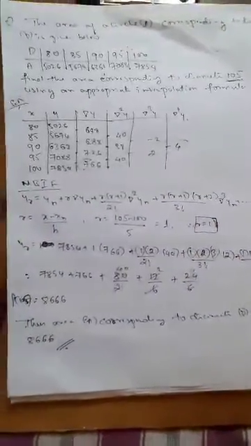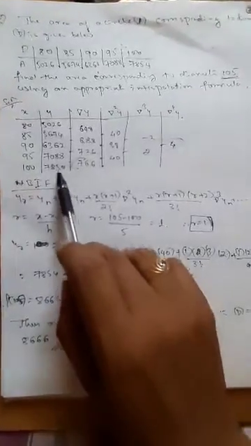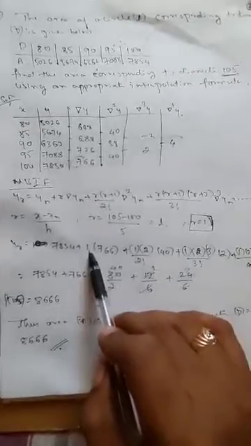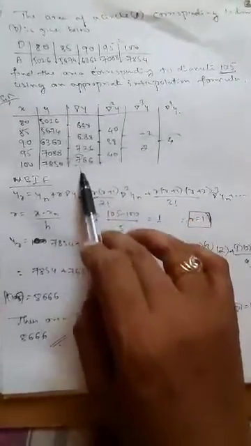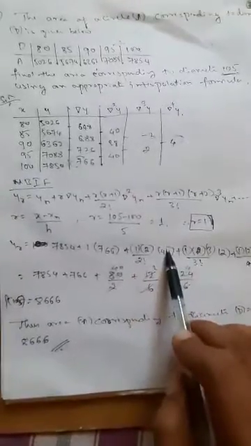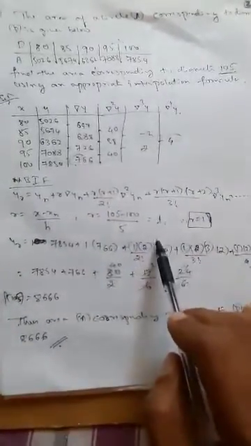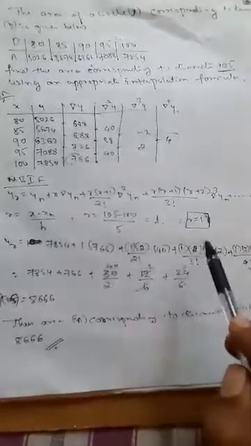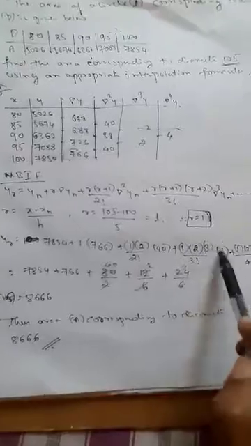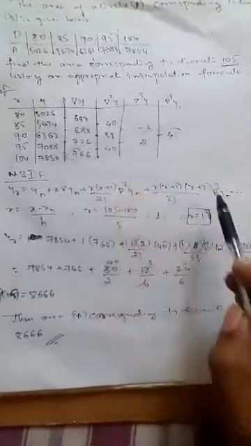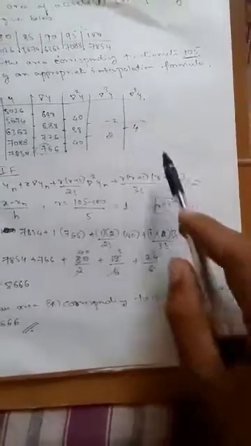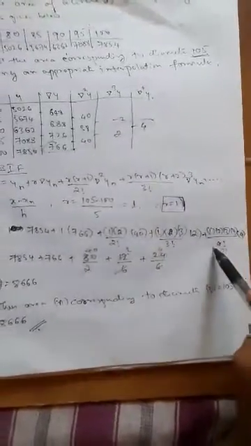So y_n, the last entry, is 7854, plus r is 1, delta y_n is 766, plus 1 into (1 plus 1), which is 2, by 2 factorial, into delta square y_n, which is 40, plus 1 into 2 into 3 by 3 factorial into delta cube y_n, which is 2, plus 1 into 2 into 3 into 4 by 4 factorial into the last entry, which is 4.